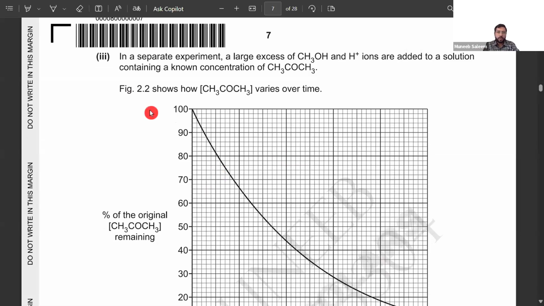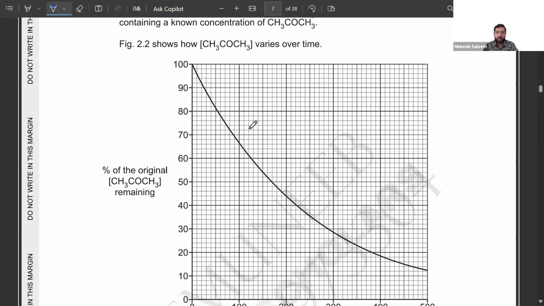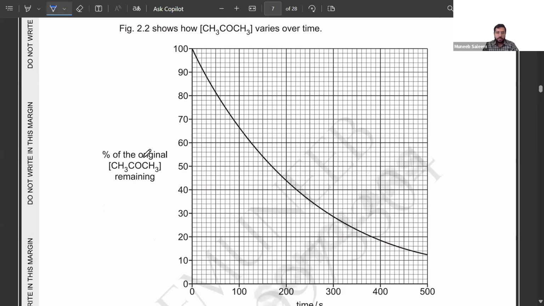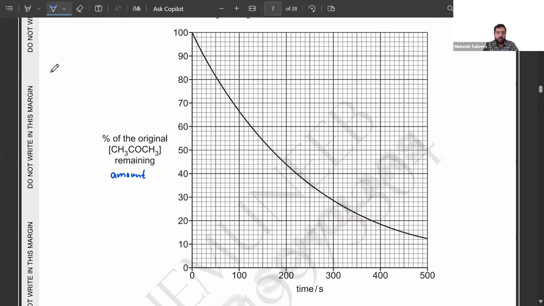All right, now let's do the calculations here. So this is the y-axis, which indicates the percentage of the original concentration, so this side is basically indicating the amount of the propanol. You know that for a half-life time, the amount of the substance is decreased by 1/2.